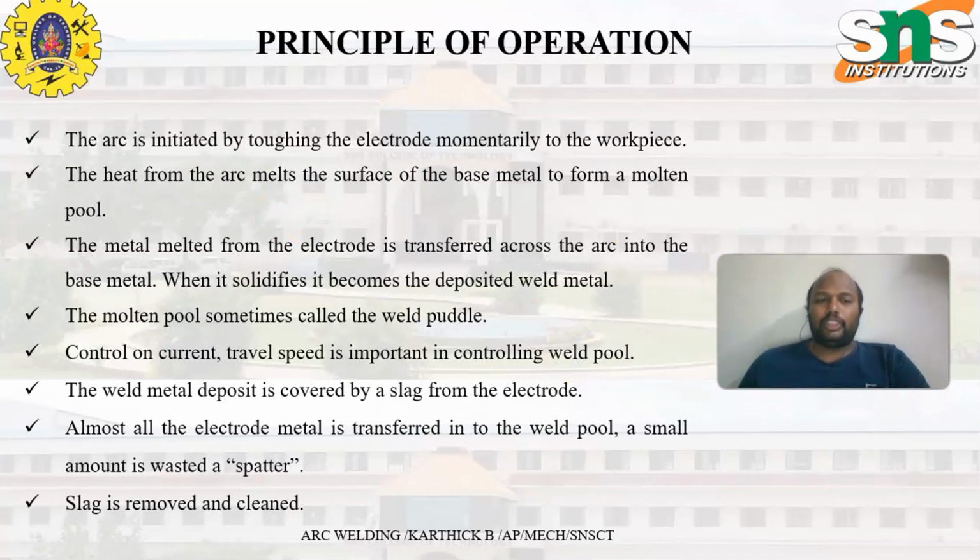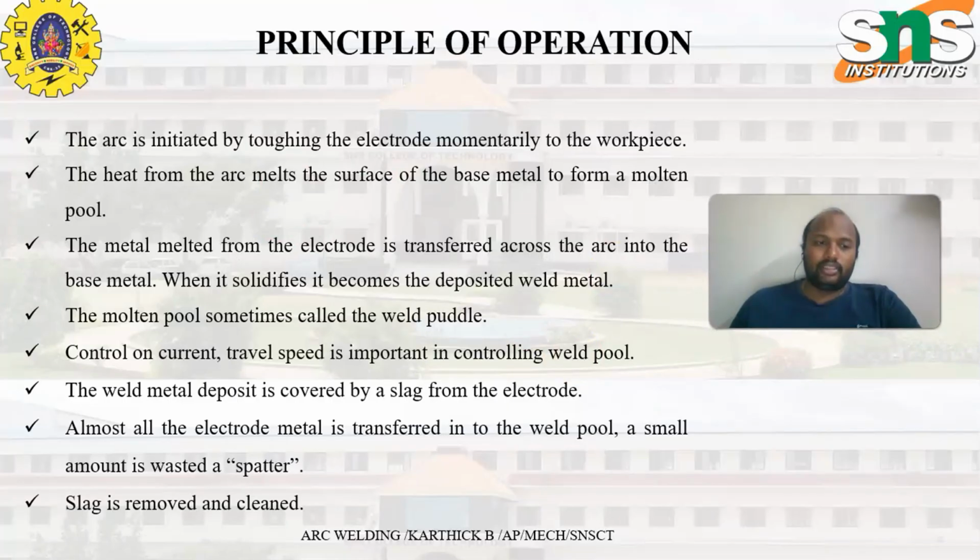Coming to the principle of operation, in short: first the transformer is switched on, positive polarity is given to the electrode through the electrode holder, and negative polarity is given to the workpiece. Once you scratch the positive towards the negative, a spark is created, and upon having the spark you can create the arc.